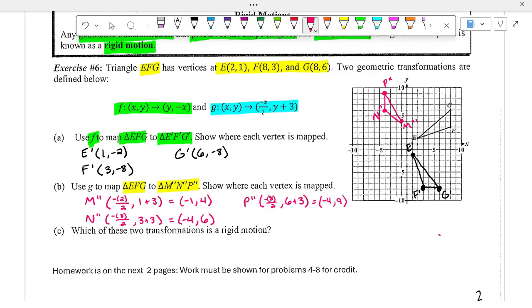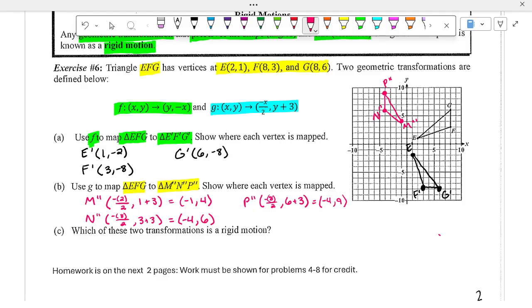If I turned it or flipped it, it'd still be the same size and same shape. But what's true with the pink one? What does it look like? It's smaller. So the size is not the same. The shape is the same though. It's still the same angles, but the side lengths are smaller now.